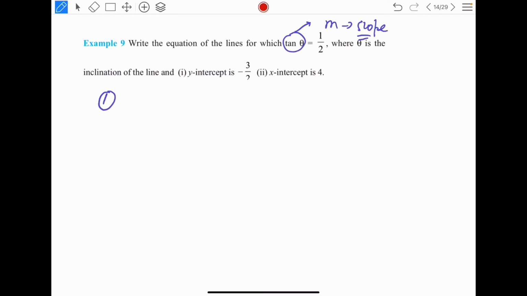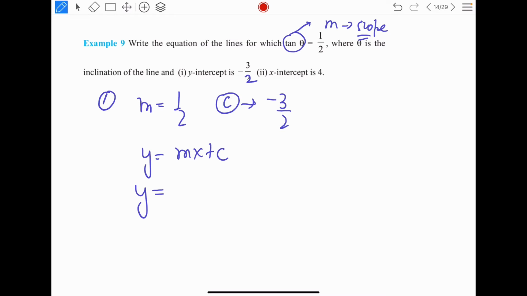So in the first case, your m is 1 by 2 and your y-intercept c is minus 3 by 2. What's your equation? y is equal to mx plus c, so y is equal to x by 2 minus 3 by 2. Taking the LCM, 2y is equal to x minus 3.